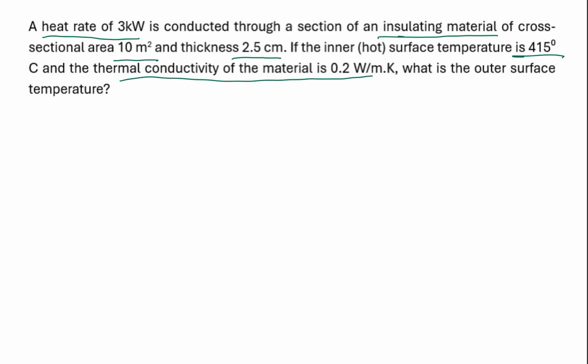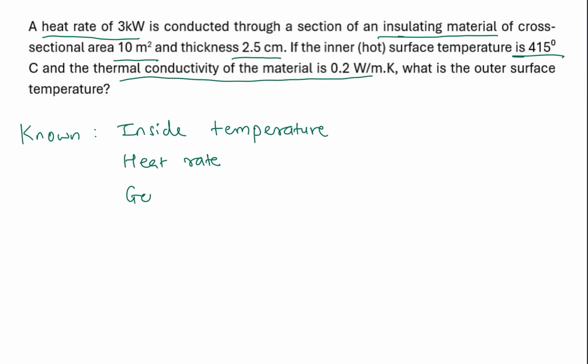So in this problem, the known factors are the inside temperature, then we know the heat rate through the material, then we know the geometry, as in area and thickness of the material, and then we know the thermal conductivity of the material.